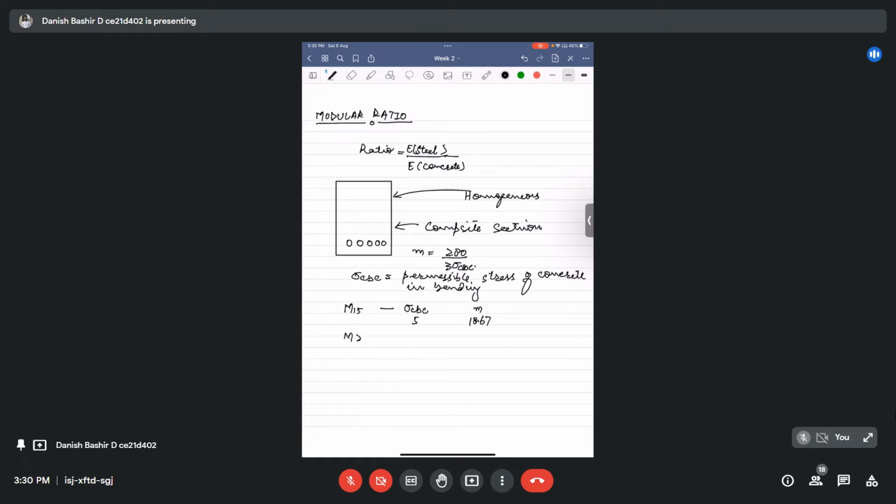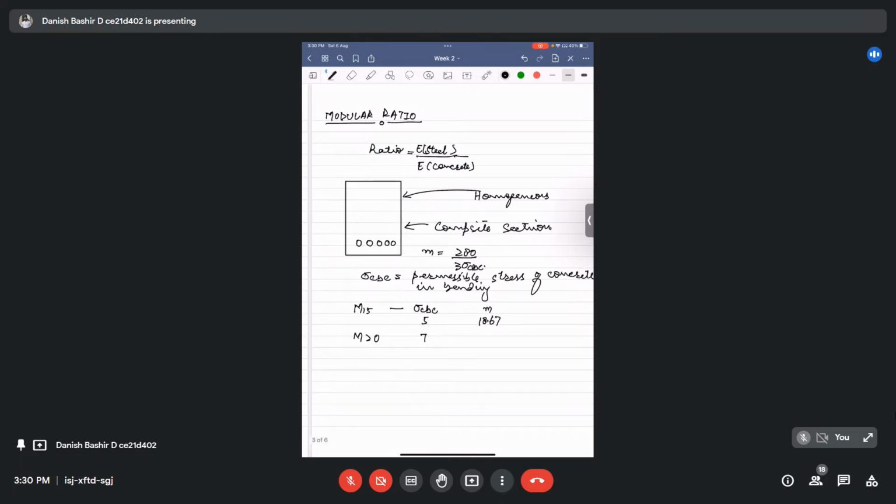Similarly, for M20 concrete, the permissible stress of concrete in bending is 7 and the modular ratio is 13.33. Similarly, for M25, we have 8.5 and the modular ratio is 10.98, and like this.